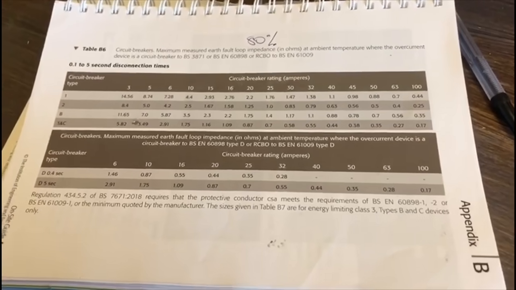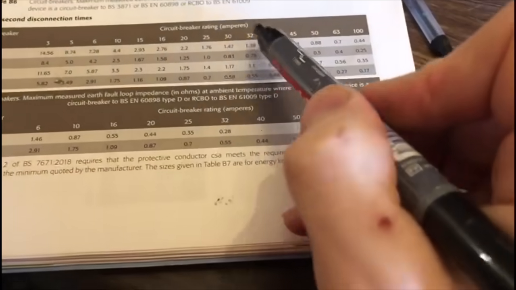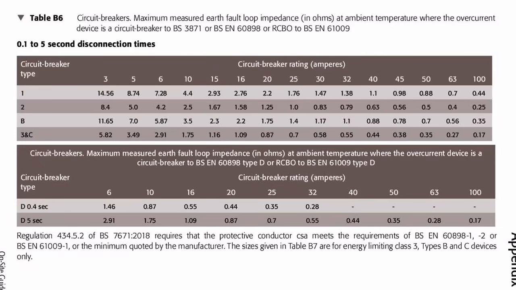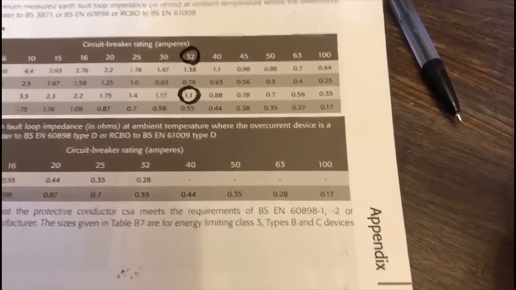So if we look at the same circuit breaker, this time it's a 32 amp, just there, and it's a B type. This time, however, the value that we get here is now 1.1 ohms for the same type circuit breaker.